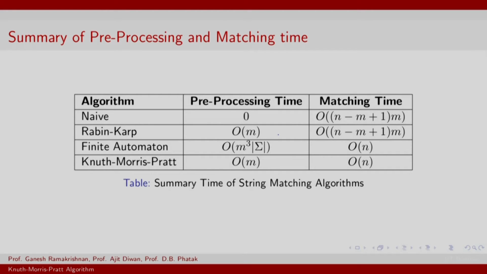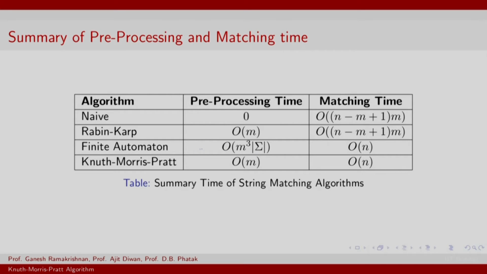Recall that this was using hash functions, but the matching time did not reduce significantly. In fact, it was still order of (n minus m plus 1) times m. The finite automaton gave you a linear, order n, matching time, but the construction of the automaton turned out to be expensive, order m cubed times the size of the vocabulary.